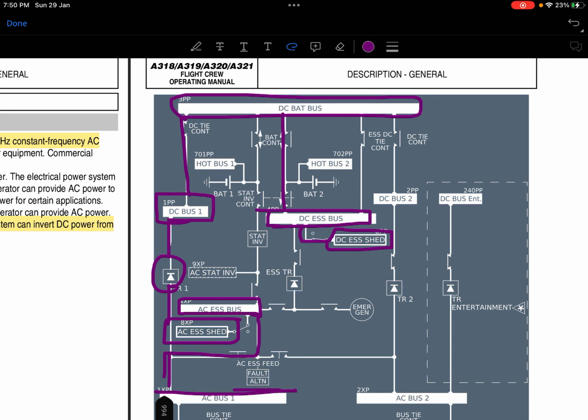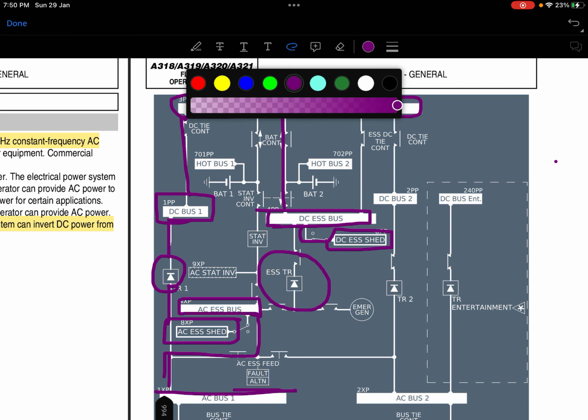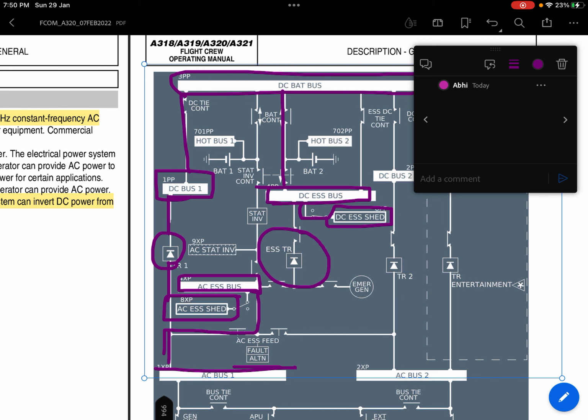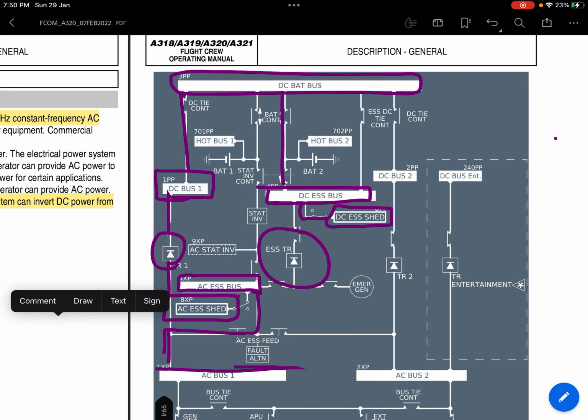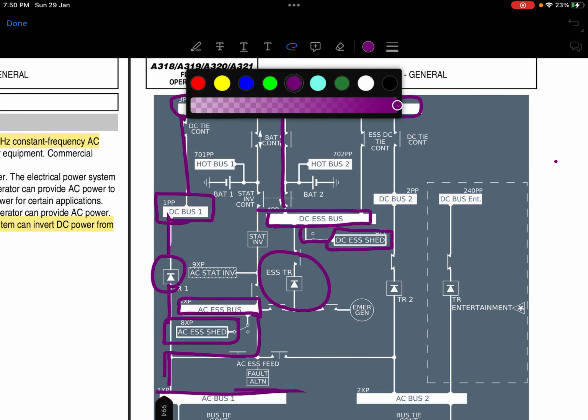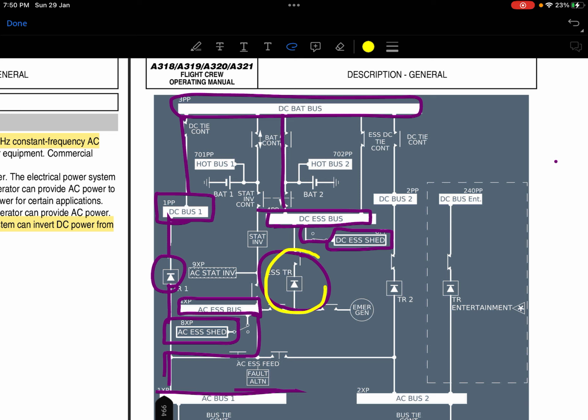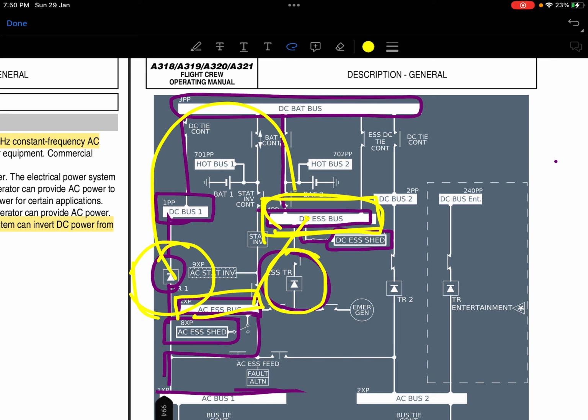Now this essential TR doesn't work in normal configuration. Do not think that this essential TR works. The essential TR transfers AC current to DC current, and it is TR1 only which helps the DC essential bus get supply.